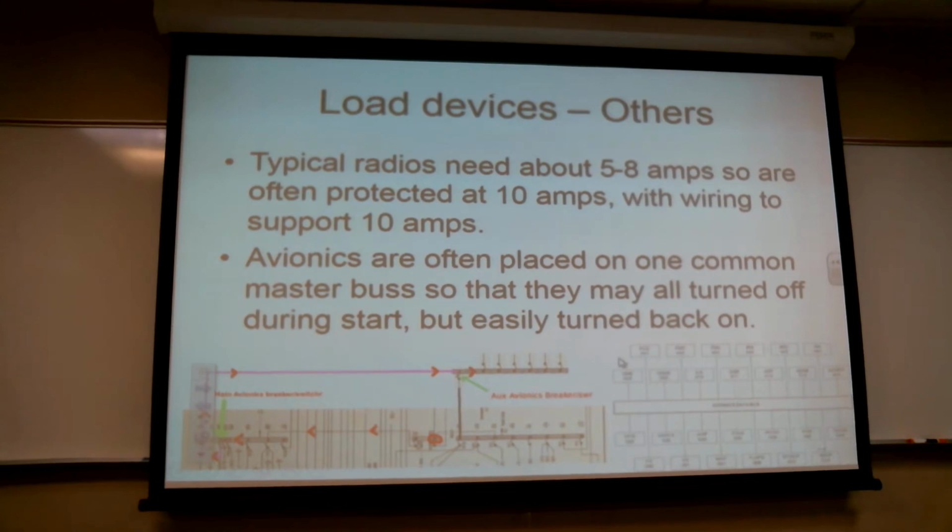So you oftentimes will have to do a pretty significant dive into the installation manual to get very specific information about what each wire needs in terms of circuit protection and wire size.